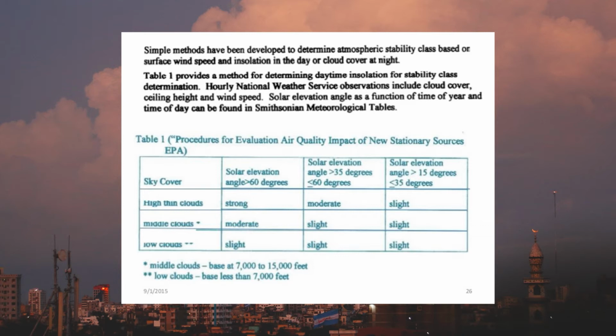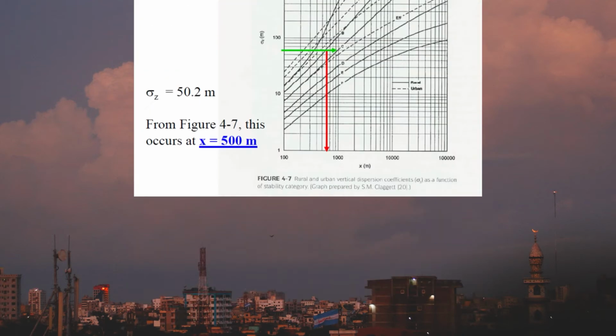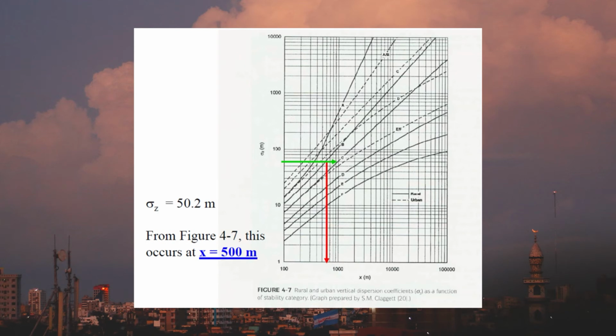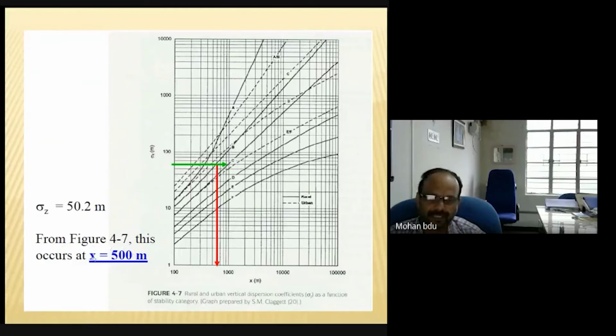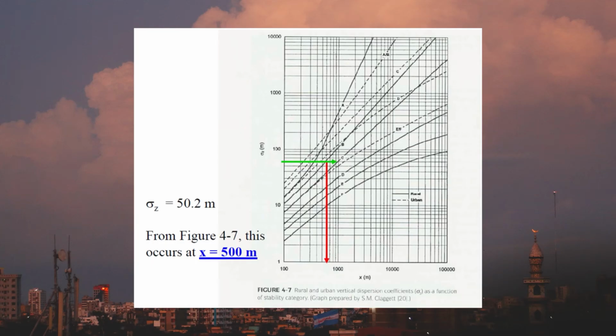So based on these classes, it is between the solar radiation and also the wind speed. Based on these two, we can find out the values for x and y. So here you can see, from figures 4 to 7, x is 500 meters.